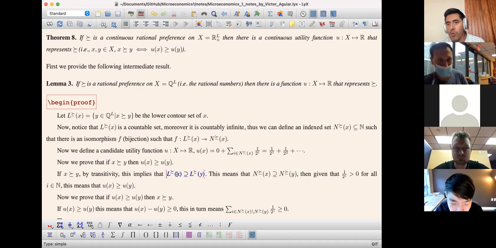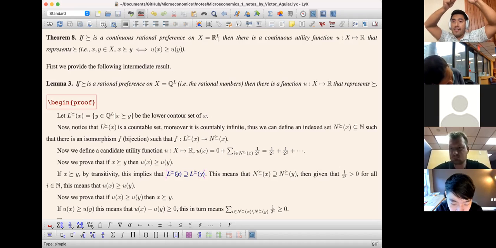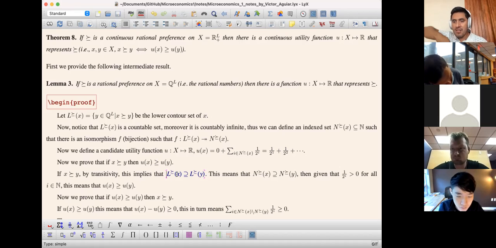That's why we wanted countability: in this infinite list, there is a higher number of items below x than below y. So it's just a longer tail. Even though these are infinite tails, the tail of x is longer than the tail of y, and I can measure them by means of this summation.